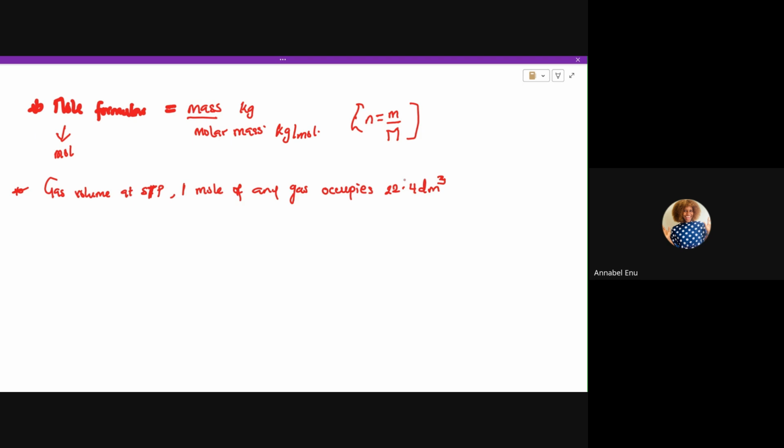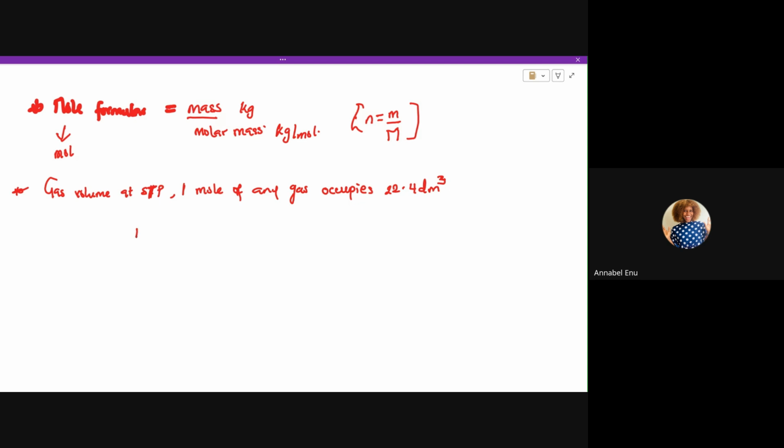This is the volume of gas for 1 mole. So this is like a basic ratio: 1 mole is equivalent to 22.4 dm cube in volume.